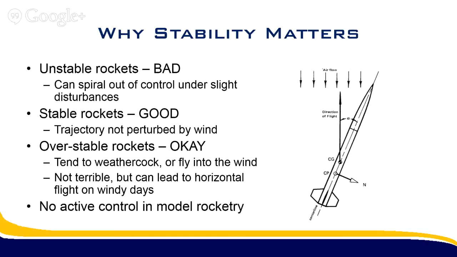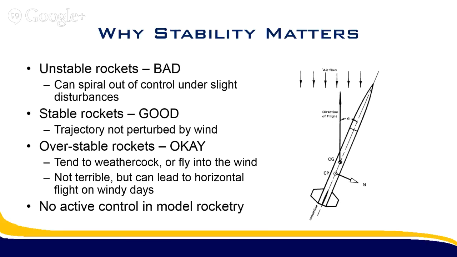Stable rockets, which we describe as a stability margin of 1 to 2 calibers, or the center of gravity is 1 to 2 body diameters ahead of the center of pressure, is a really good stable configuration, and any perturbation by the wind doesn't really disturb the trajectory of the rocket. So you may have a gust that blows the rocket slightly sideways, but then it aligns itself straight back into the free stream direction and continues on its trajectory.